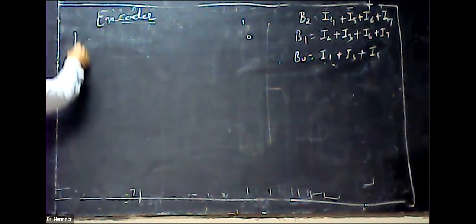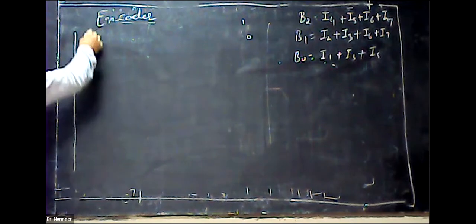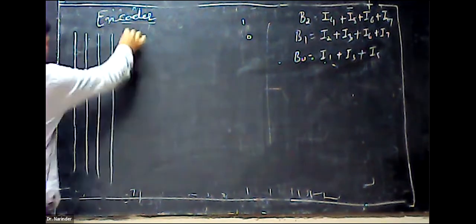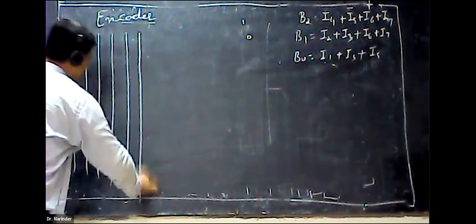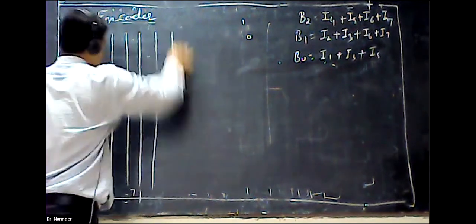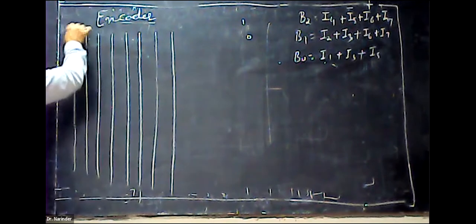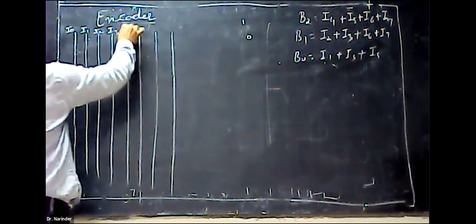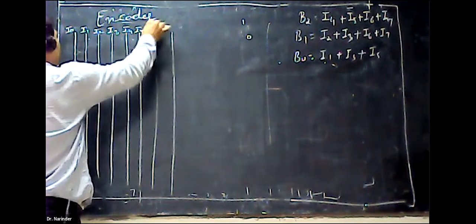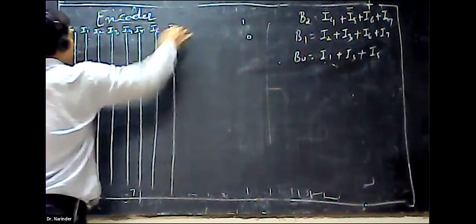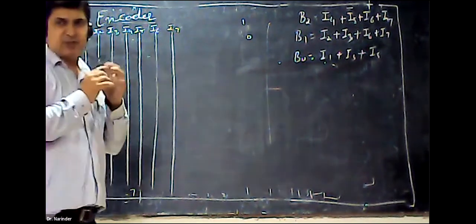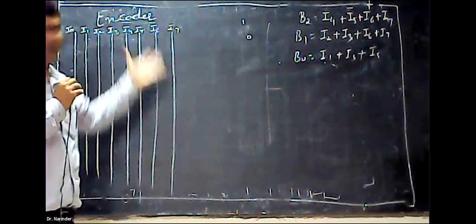Draw here 8 lines: 1, 2, 3, 4, 5, 6, 7, 8. Number them as I0, I1, I2, I3, I4, I5, I6, I7. Then we have to number them as per the inputs.